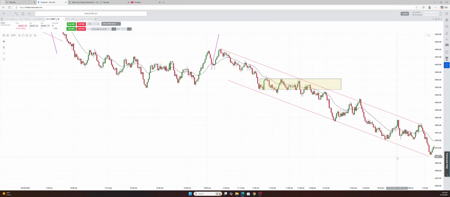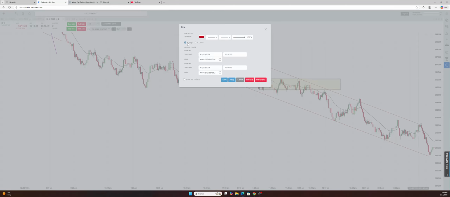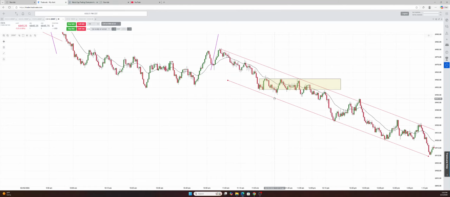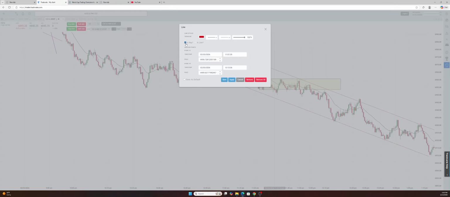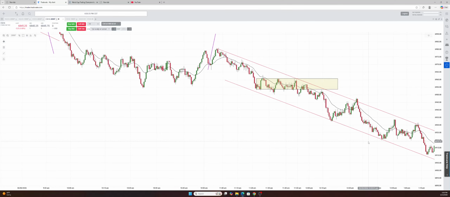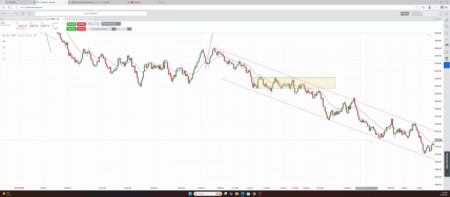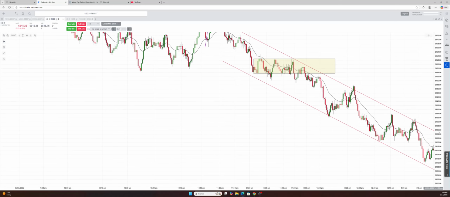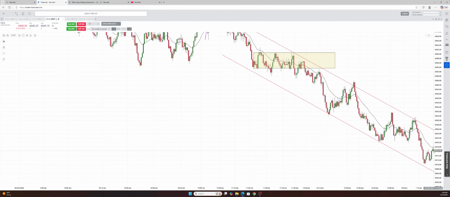Okay, and then we had this. Let me just make this a ray for a minute so that I don't have to try to extend this. Okay, right here. So when I was doing this, then we got this waterfall back down to the other side.